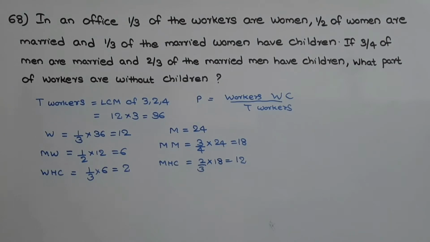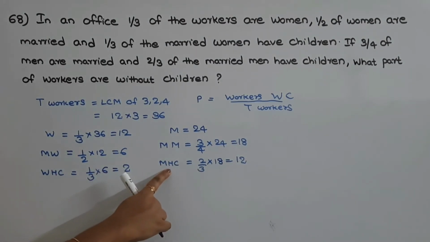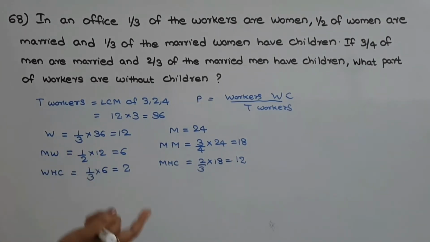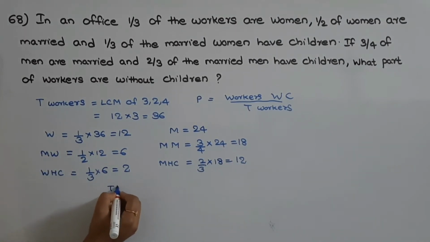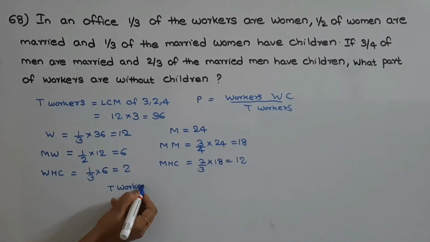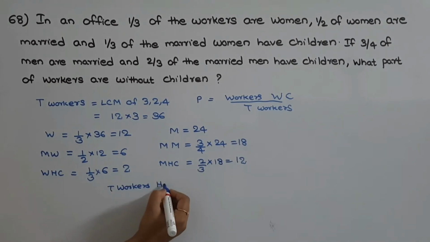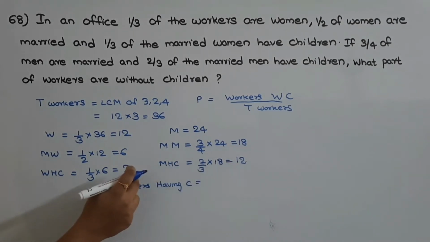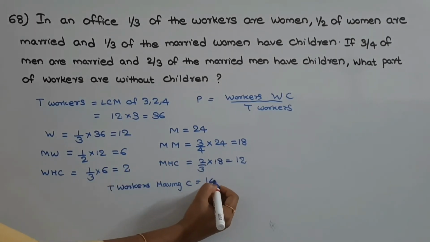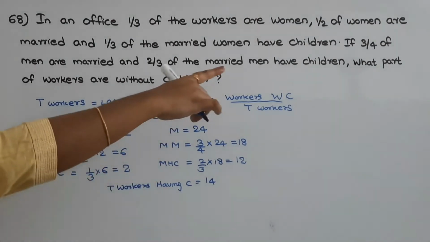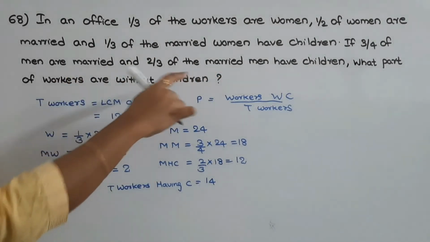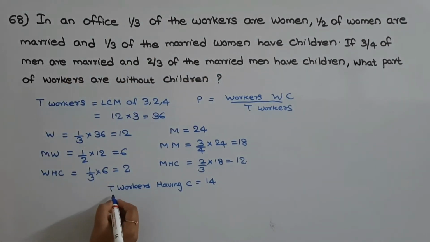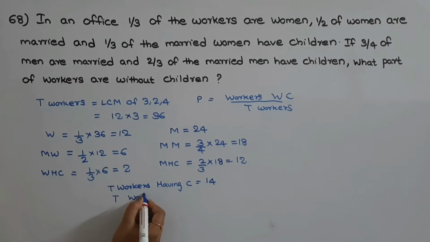Okay, now the number of women having children is 2 and the number of men having children is 12. So what number of workers are having children now? Total workers having children is 12 plus 2, that is 14. Okay, so we need to find out what part of workers are without children. Then what will be the total workers without children?